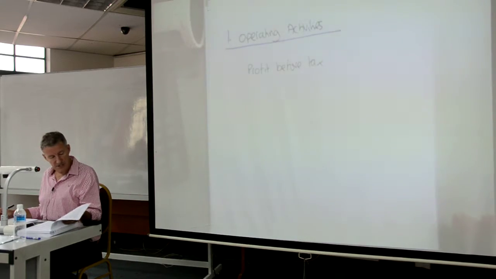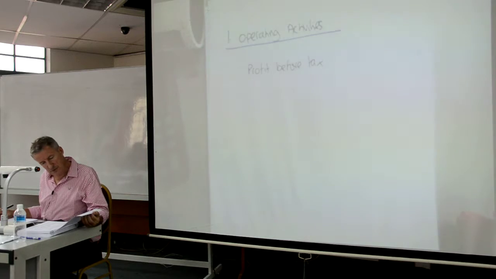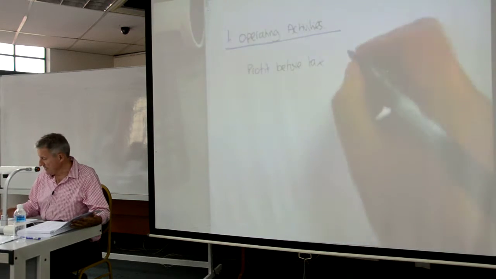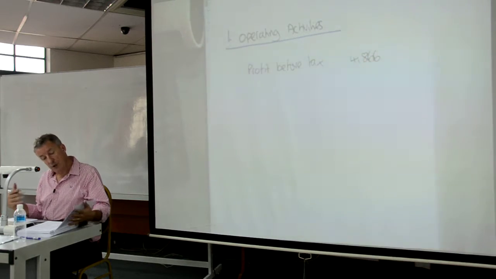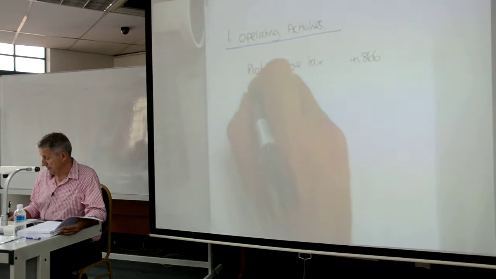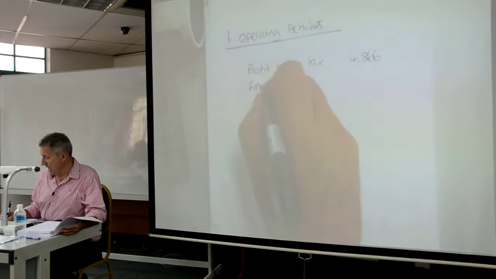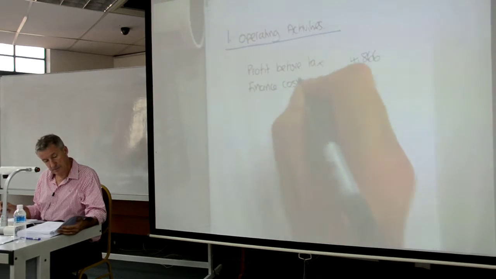So, first things first, what's the profit before tax? 486. I'm looking at the P&L for my inspiration. And in the P&L, there are 2 very simple adjustments.